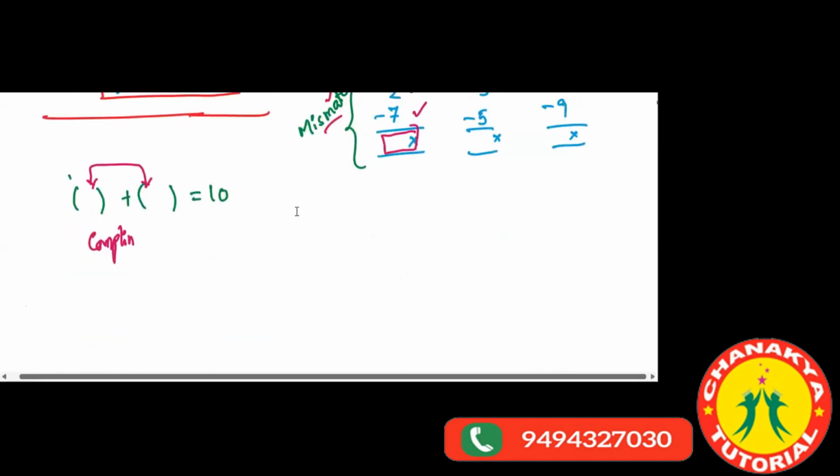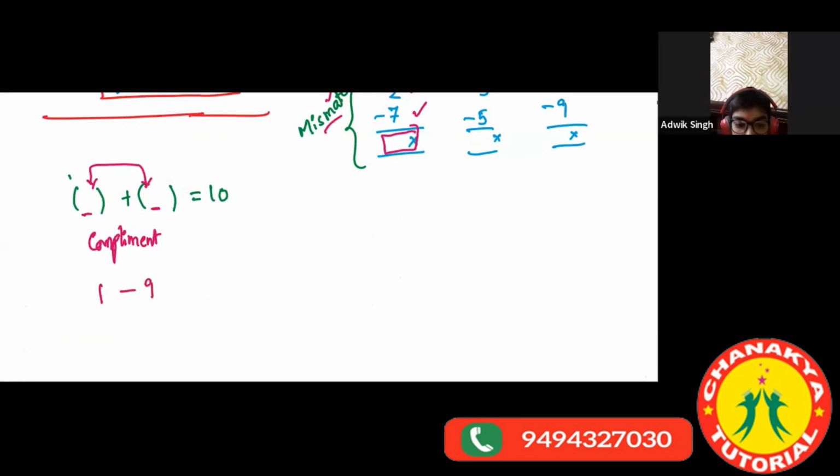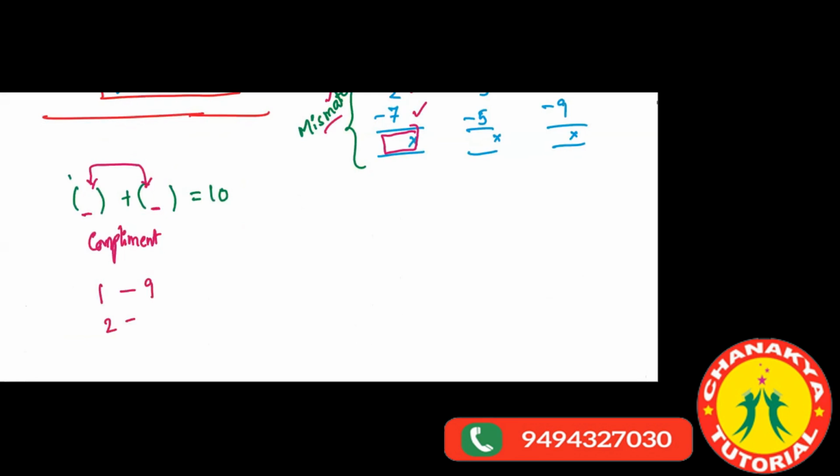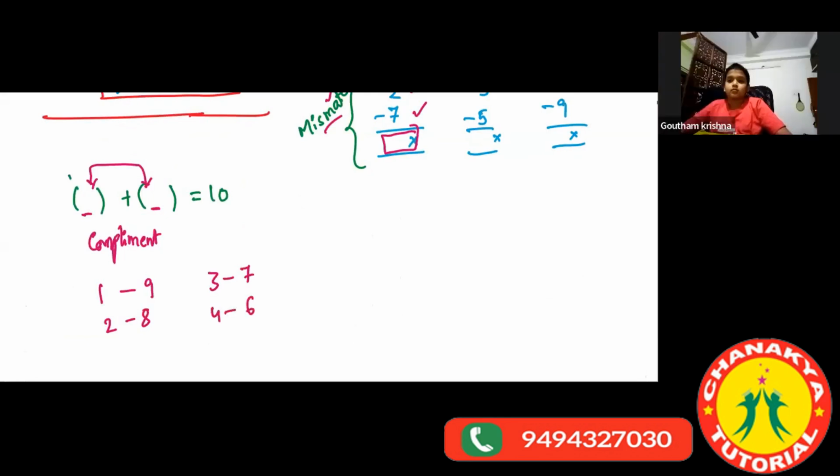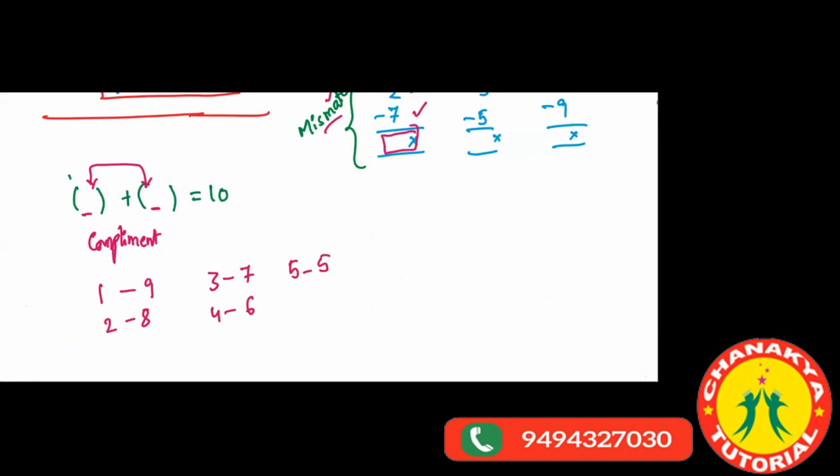Next is this one. By adding any two numbers, if you are getting 10, these two numbers are called complements of each other. Tell me, what is the complement of 1? 9. 2's complement? 8. 3's complement? 7. 4's complement? 6. 5's complement? 5. 6's complement? 4. 7's complement? 3.